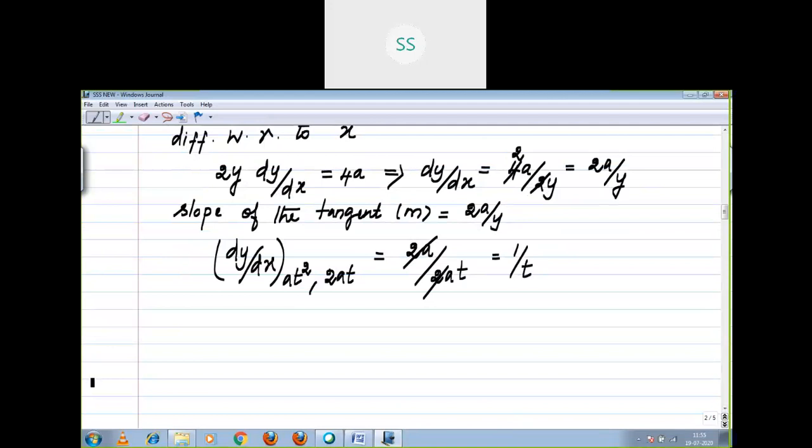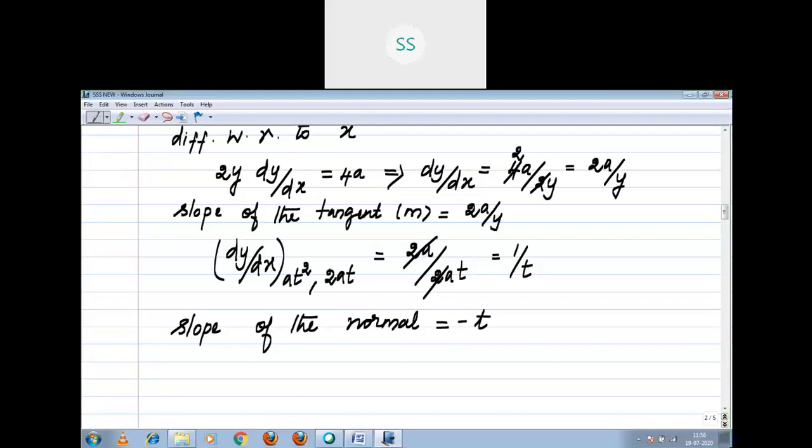The slope of the tangent is 1 by t. The slope of the normal, I told you already, is the reciprocal of the slope of the tangent with the opposite sign. What is the reciprocal of 1 by t? It is t. And the opposite sign is negative. That's all. You got the slope of the tangent, and you arrived at the slope of the normal.